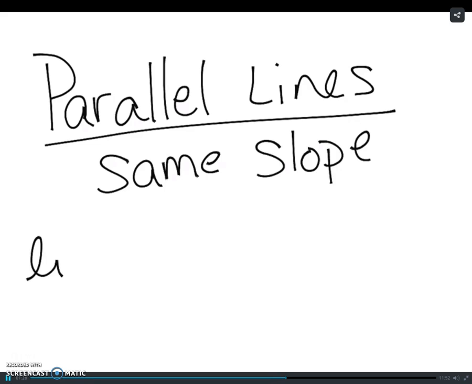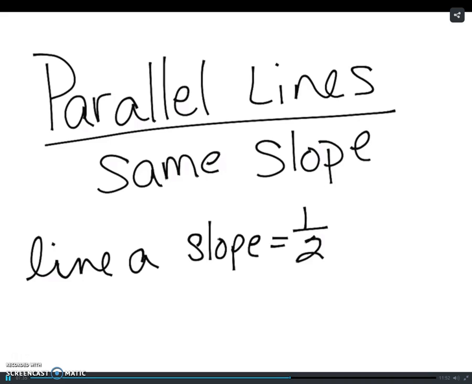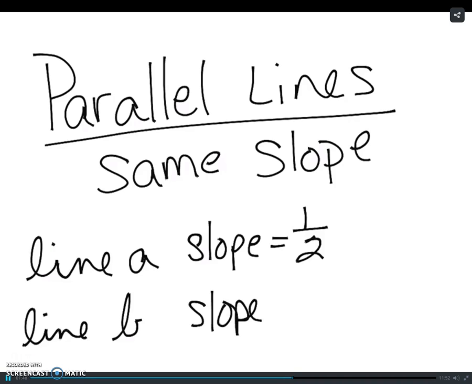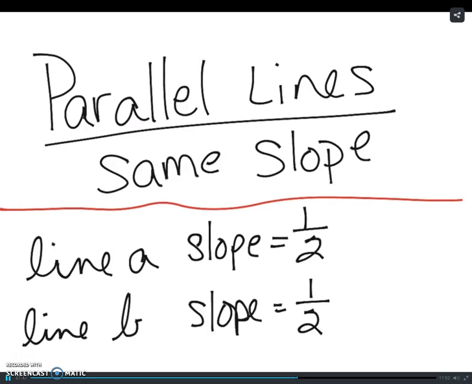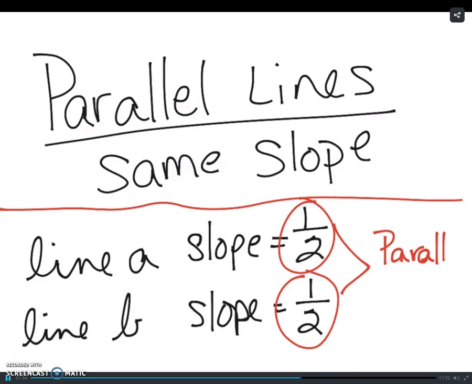So for example, if I gave you line A has a slope of 1/2, and line B has a slope of 1/2, I don't have to know anything else. I don't have to see a graph. I can say, okay, these are both 1/2. That means that these lines are parallel lines. I don't have to do any calculations. They have exactly the same slope, so they are parallel.